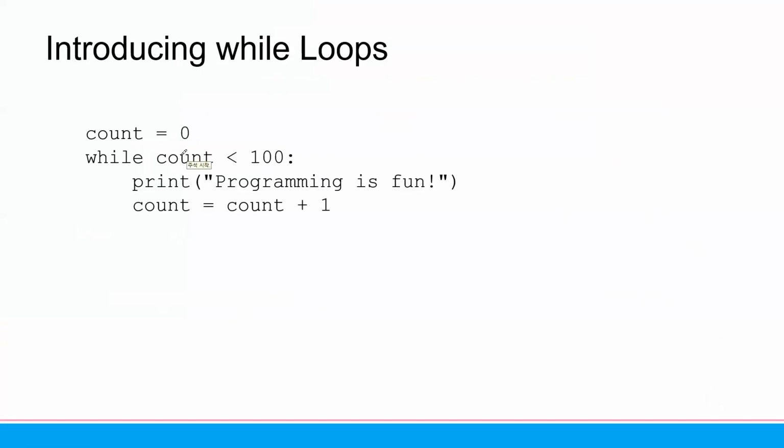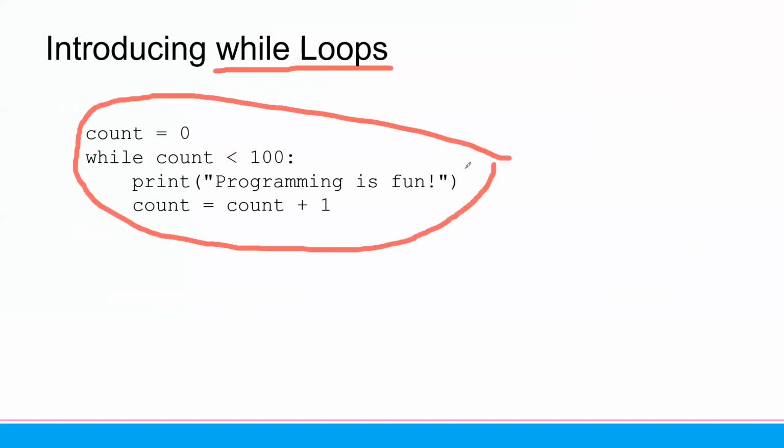The simple loop is using the while loop. This is the code. The variable count will start from 0. While count is less than 100, then print programming is fun.